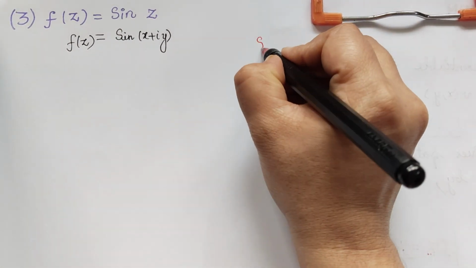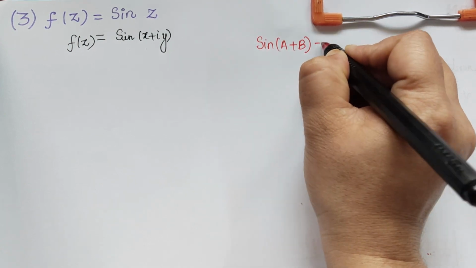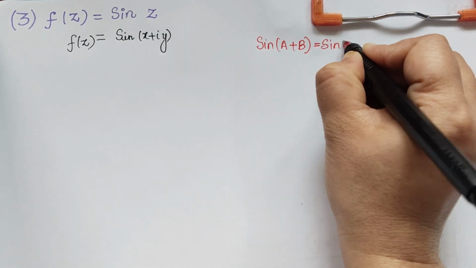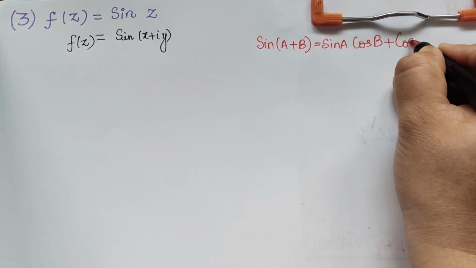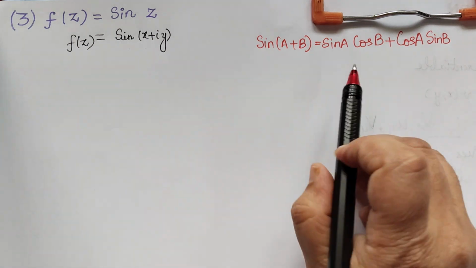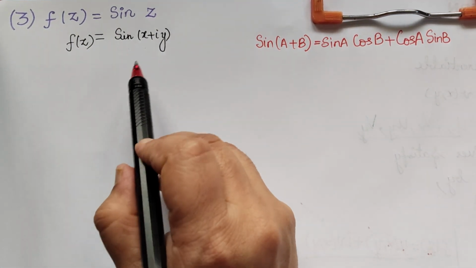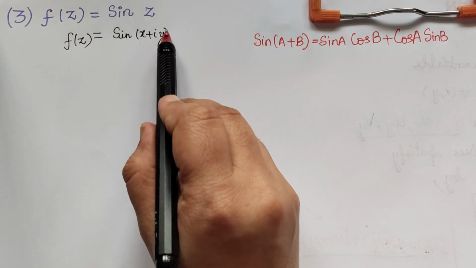The formula for sin a plus b is equal to sin A cos B plus cos A sin B. So we are going to apply this formula over here, where A will be x, and B will be iy.